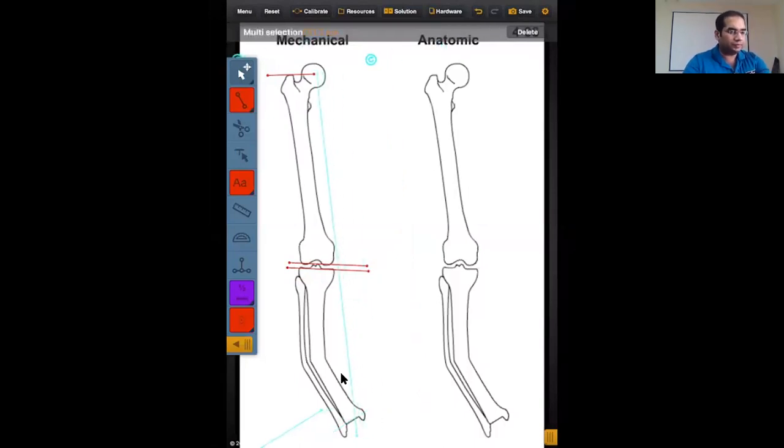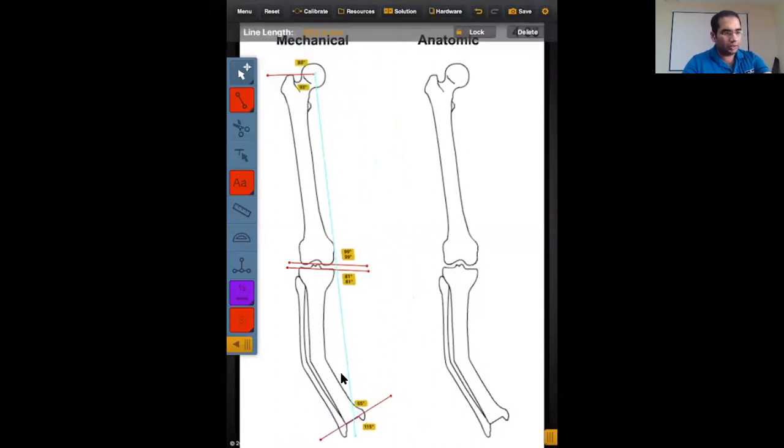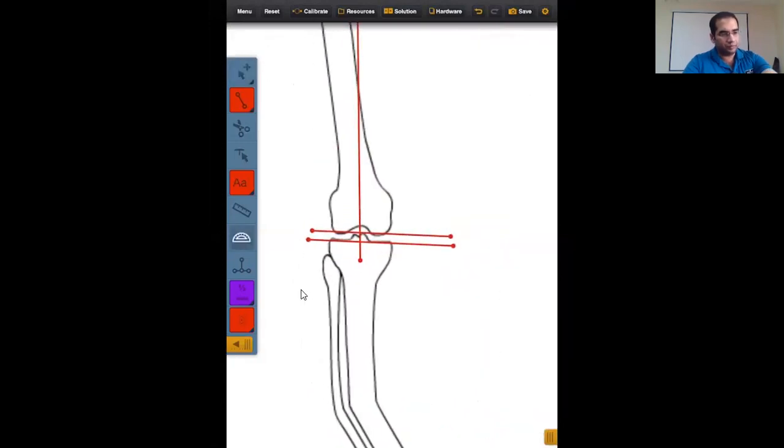Then we draw the mechanical axis of the femur, and look, the lateral distal femoral angle mechanical is 87 degrees, which is normal.